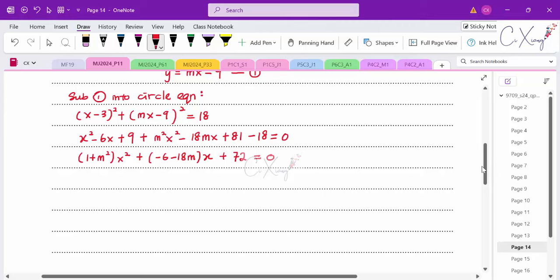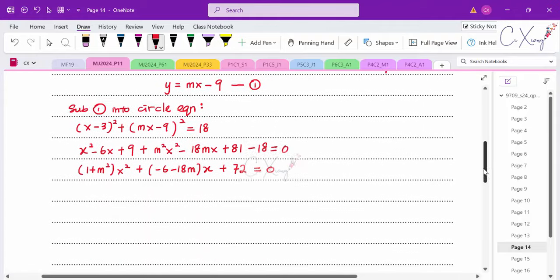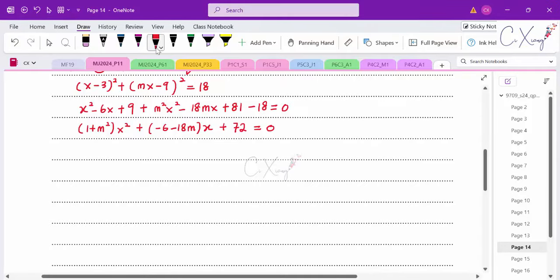Okay, so you can see that I'm having a quadratic equation in terms of x. And since I know that the line is a tangent to the circle, therefore I can use the concept of discriminant, where b squared minus 4ac is equals to 0.